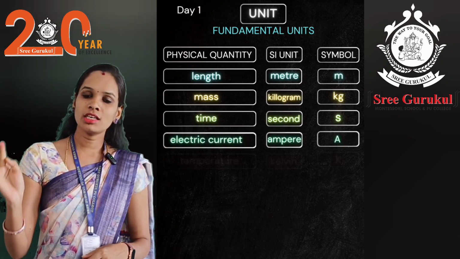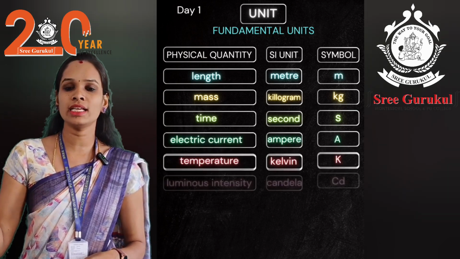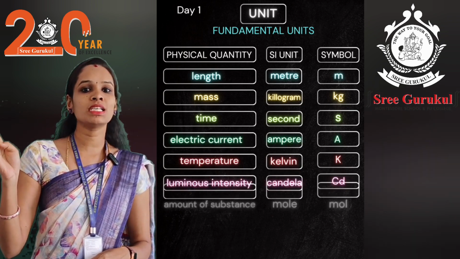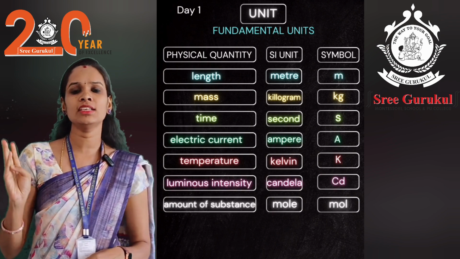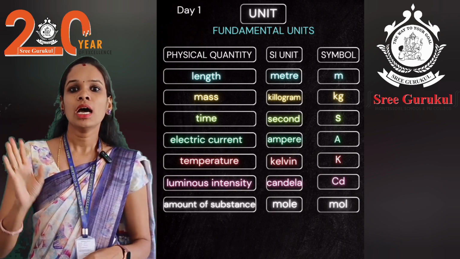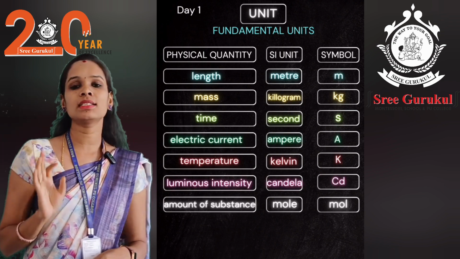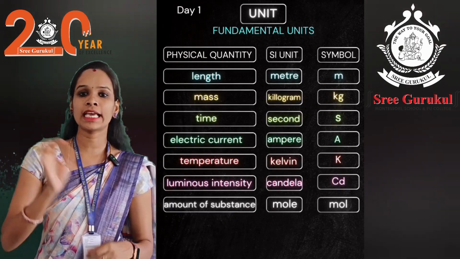The third one is time, measured in seconds, minutes, hours, days, and so on. The fourth one is amount of substance, measured in moles. The fifth one is luminous intensity, measured in candela. Next is electric current, measured in amperes, and the seventh one is temperature, measured in Kelvin.